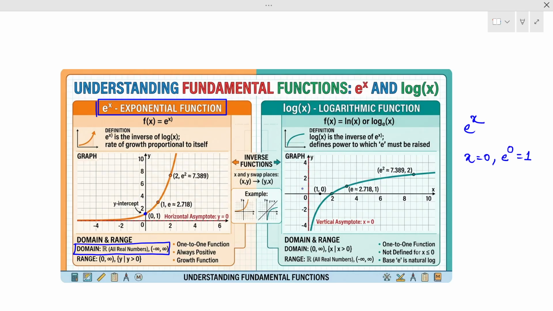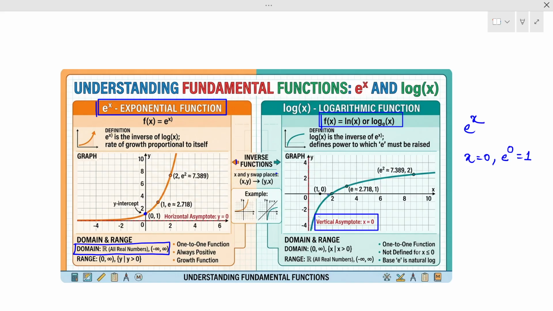Next is the logarithmic function, f(x) equals log x, and these are the inverses of each other, right? We will discuss what inverse functions are in later lectures. For this, it's a vertical asymptote. Now what will be the domain?